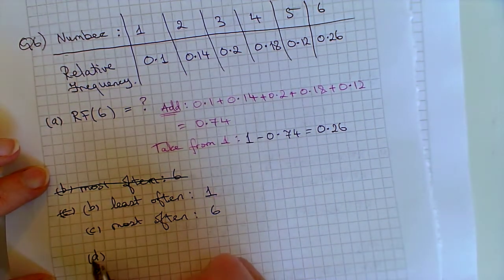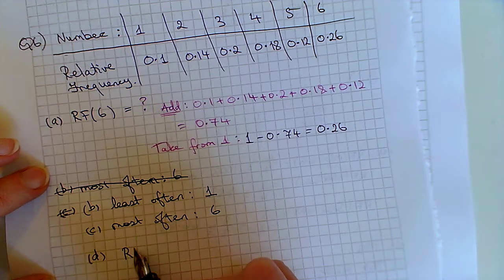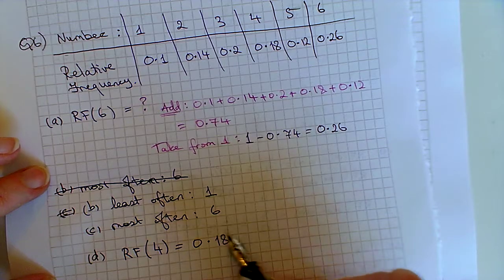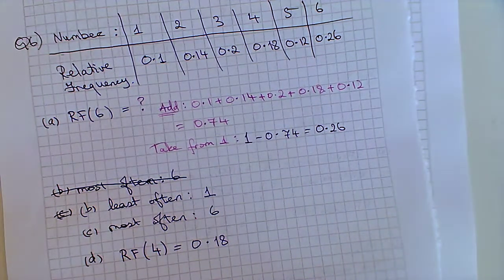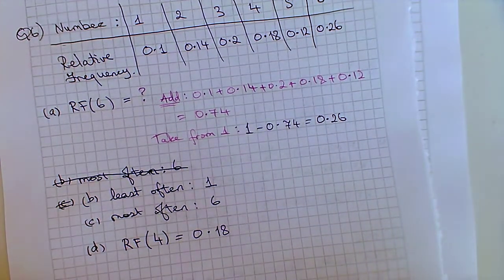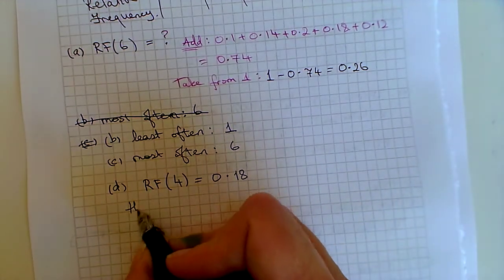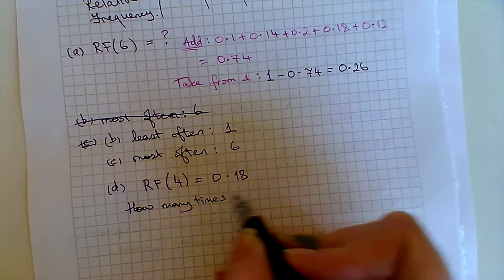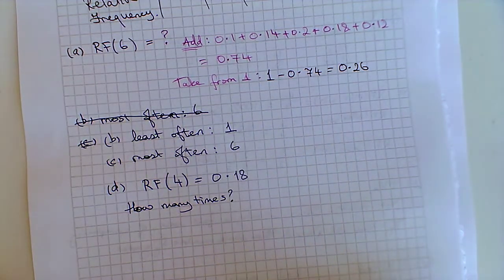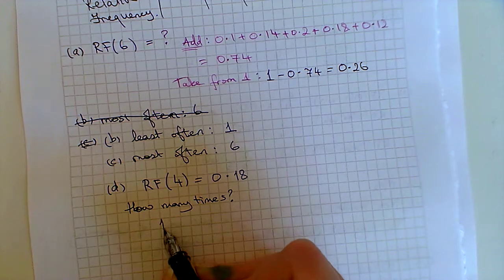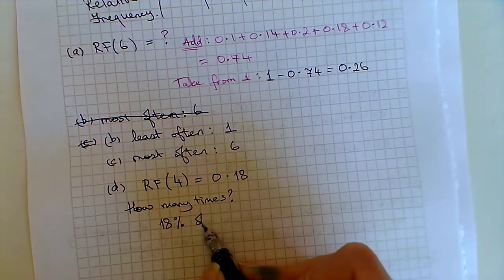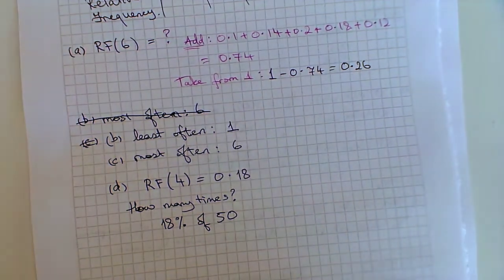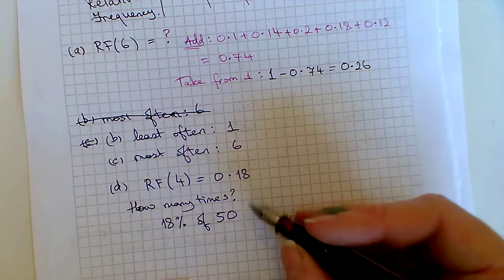Now, this one's a little bit difficult. How many times did it show the number 4? So we know the relative frequency of number 4 was 0.18. So how many times did it come up? Well, it's 18% of the time. So we're looking for 18% of how many times did we roll it? 50, because that was given in the question.